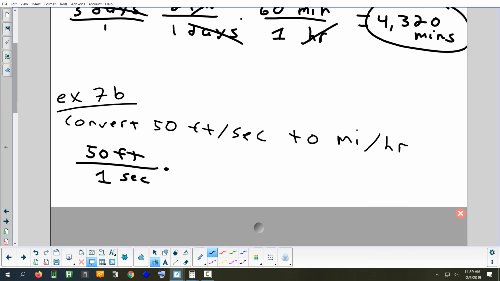Now, we really have two problems here. We have to change feet to miles, and we have to change seconds to hours. Doesn't matter which one you do first. So Brandon, which one you want to do first?